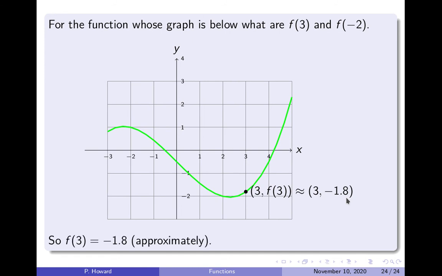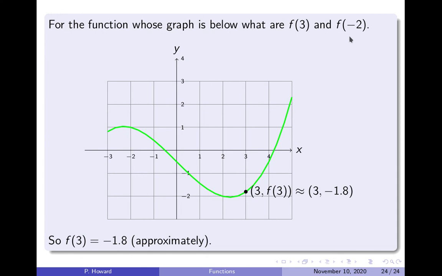So that would mean that f of 3 is minus 1.8. And when you get the value of a function, when you evaluate a function using the graph, you have an approximation.